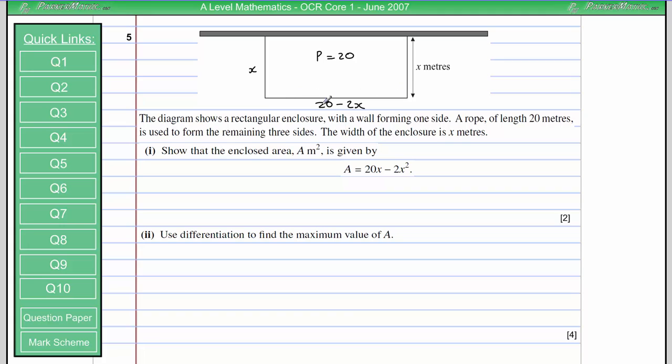So the length of this side is 20 minus 2x. So to work out the area of this rectangle, we're going to do length times width. So the area equals x multiplied by 20 minus 2x, which gives us 20x minus 2x squared, as we require.